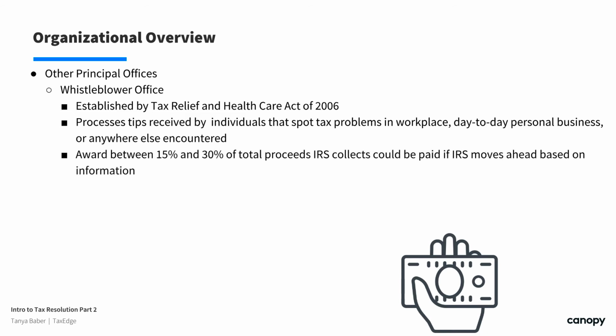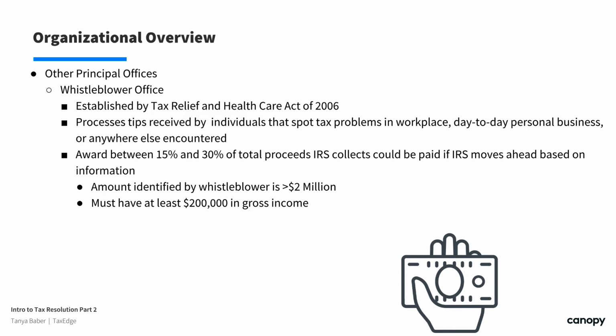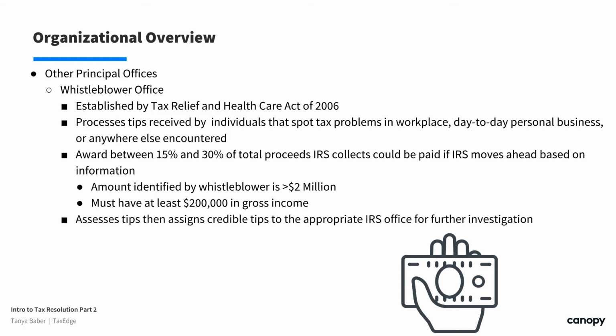Under law, these awards get paid when the amount identified by the whistleblower meets certain qualifications. So what are those? The amount identified by the whistleblower has to be more than $2 million. So this is just for really big fish, of course. And if the taxpayer has at least $200,000 in gross income, then they're going to give a portion of those proceeds to the whistleblower. So the Whistleblower Office has the duty to look at those tips coming in, determine how credible they are, and assign them out to the appropriate office for further investigation.